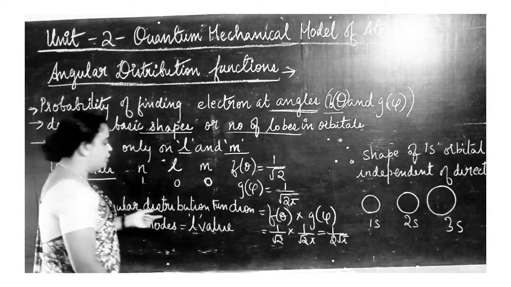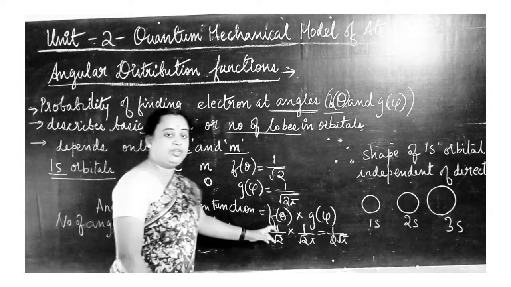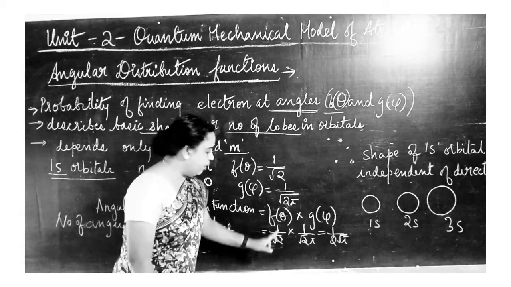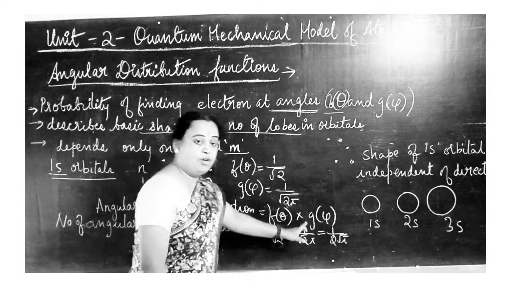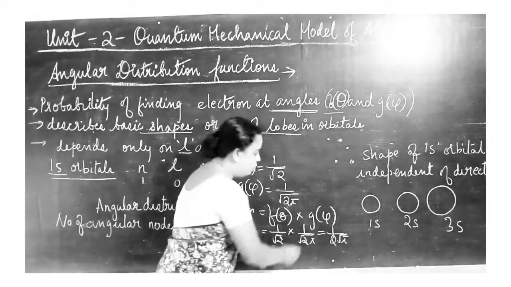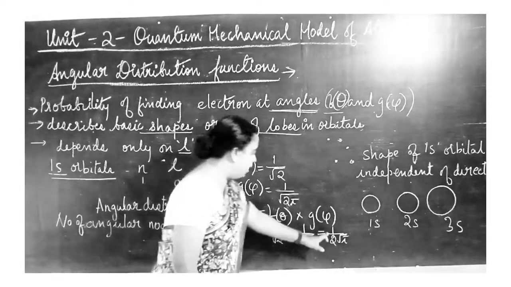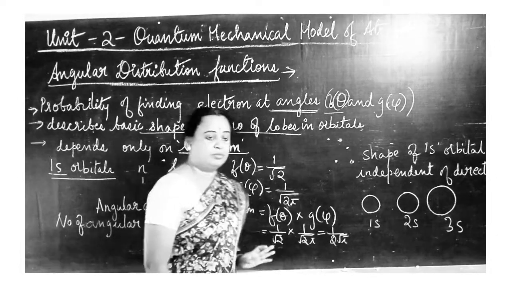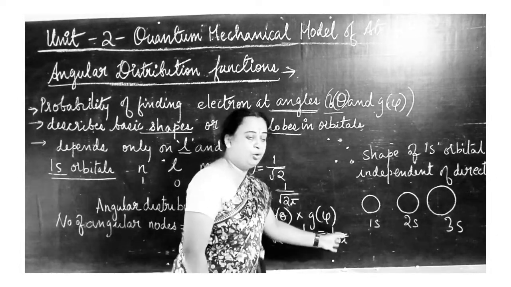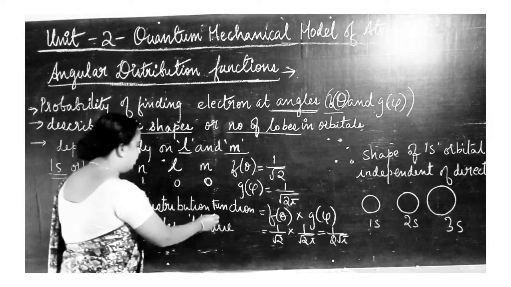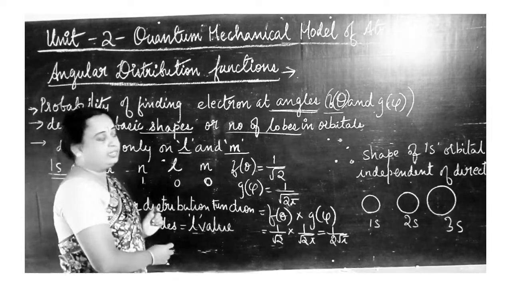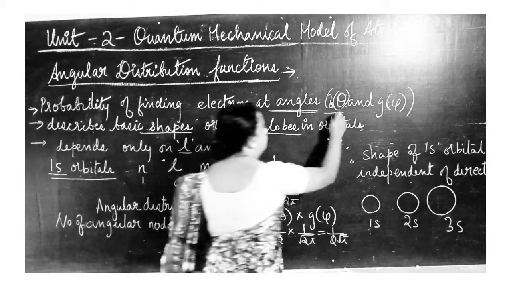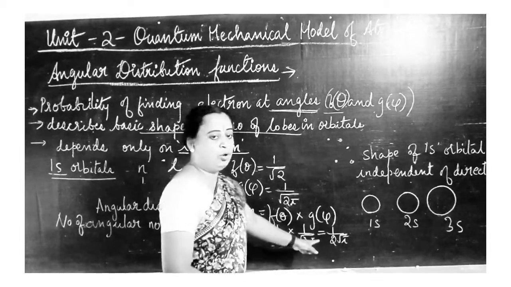The angular distribution function is equal to f theta into g phi. That is 1 by root 2 into 1 by root 2 pi. So what will you get here? 1 by 2 root pi is the angular distribution function. That is, the probability of finding the electron at these angles is 1 by 2 root pi.